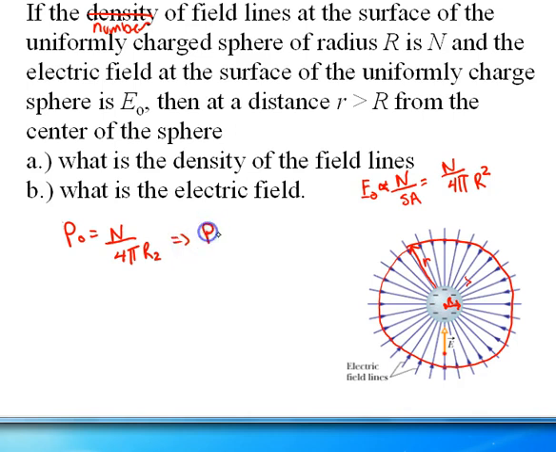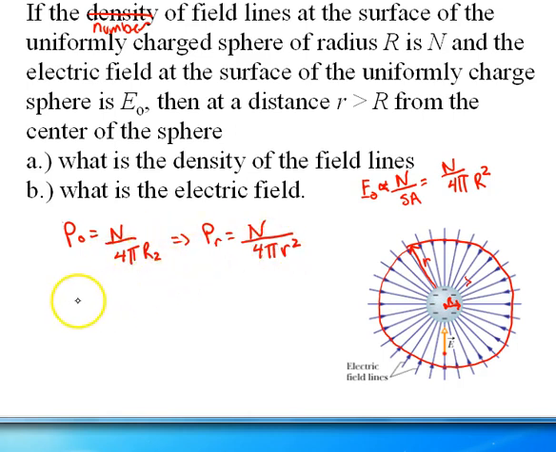So the density at capital R then, we have the same number of electric field lines, right? So the number of electric field lines is the same. What changes is that surface area. Now that's 4 pi capital R squared. So the density of the field lines at this sphere of radius capital R decreases with this inverse square law of the radius.